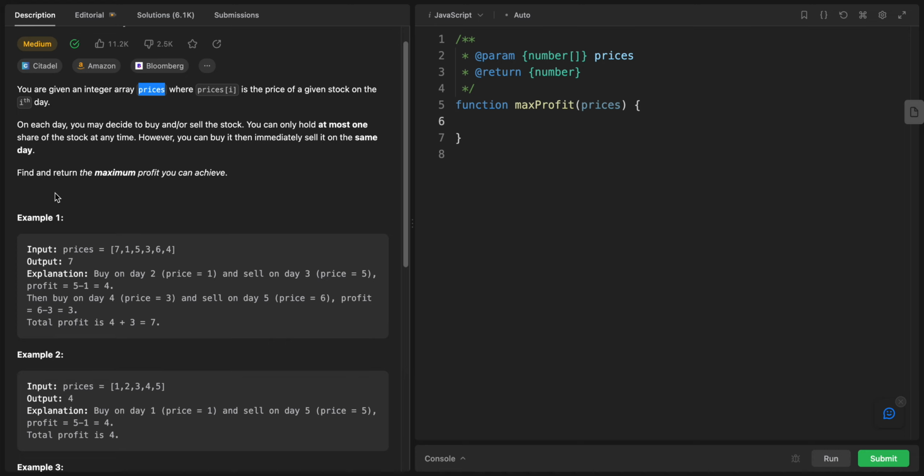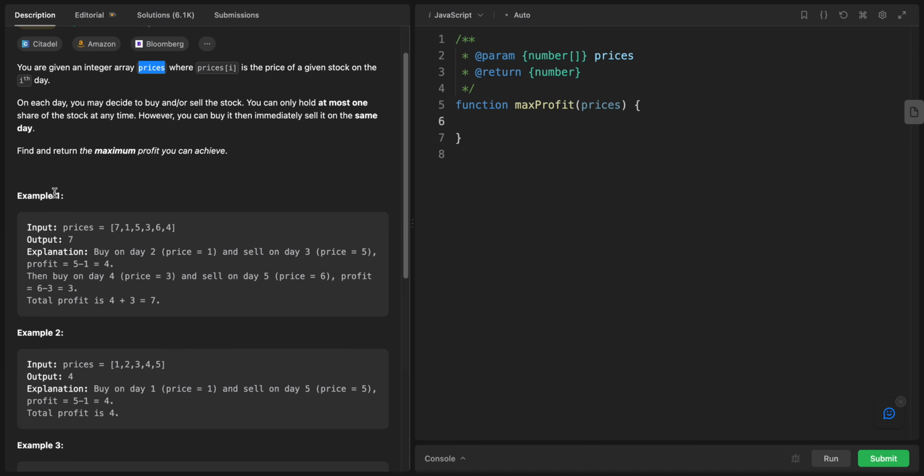I guess this is a similar problem to the previous one, but for this one we're not just selling and buying once. We're selling and buying more than one time. So for this one, the maximum profit will be 7, because we buy on day 2 with price 1, and after that we sell it the next day, so we have a profit of 4.